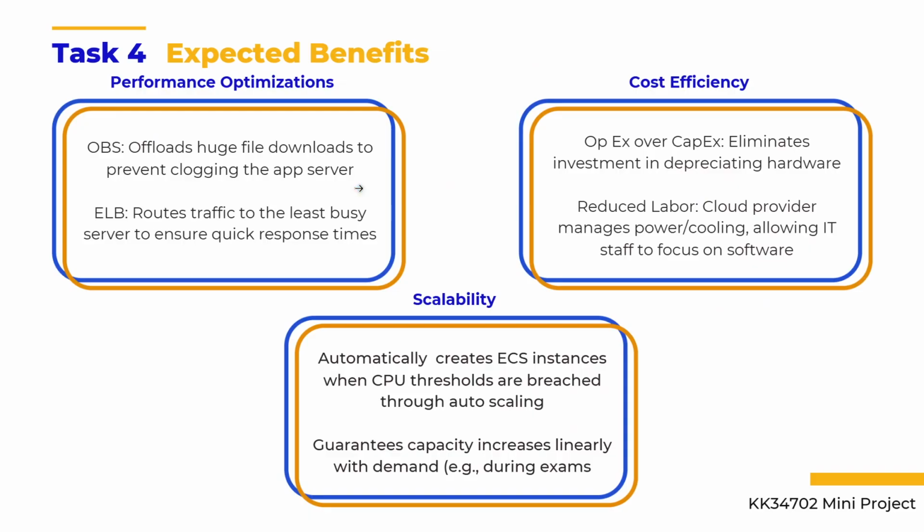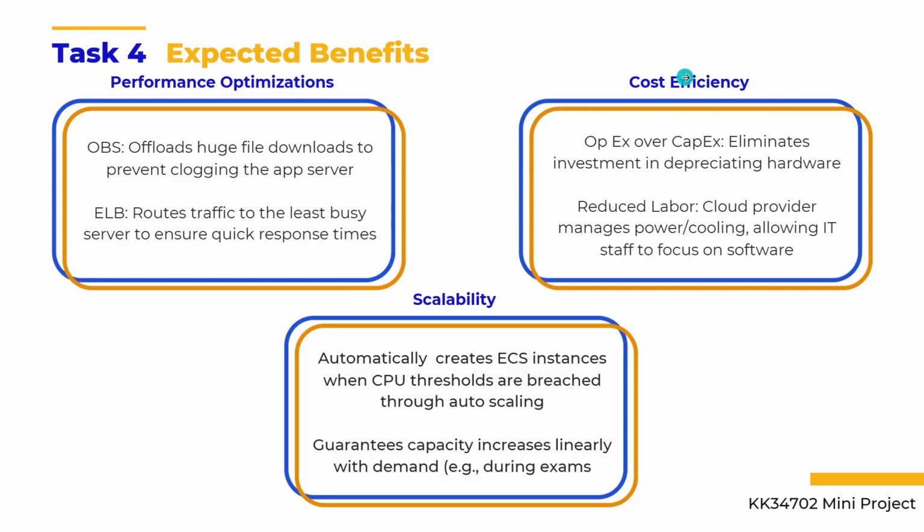What are the expected benefits of using a hybrid model? Well, number one, performance optimization. The OBS offloads huge file downloads to prevent clogging the app server, and the ELB routes traffic to the least busy server to ensure quick response times.